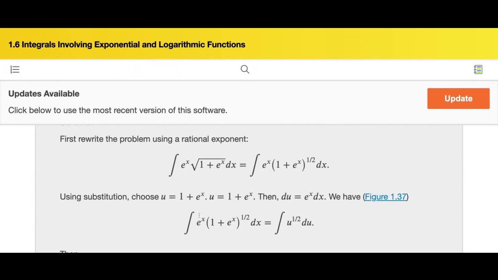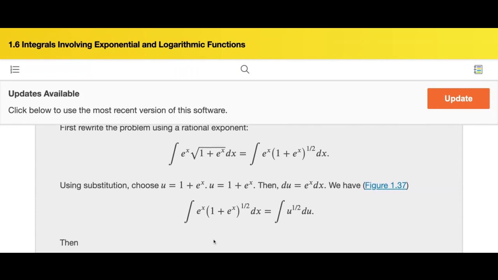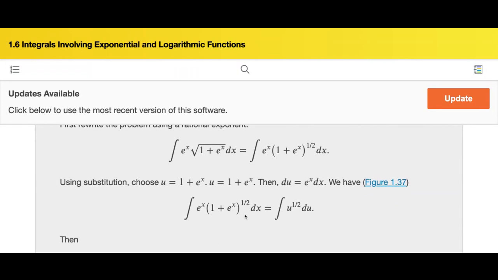So let u be 1 plus e to the x. Then du equals, of course, e to the x dx, right? So we can rewrite u as u raised by half, because 1 plus e to the x.